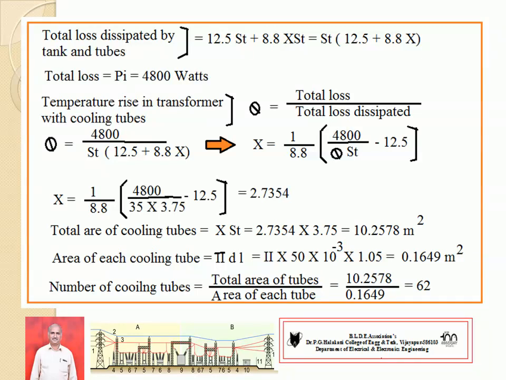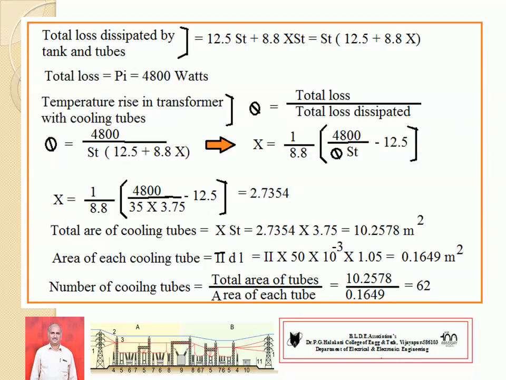Then you go directly to the temperature rise expression. Temperature rise theta equals total loss divided by total loss dissipated, that is 4800 divided by St inside the bracket 12.5 plus 8.8 X. It is the standard derivation form only.